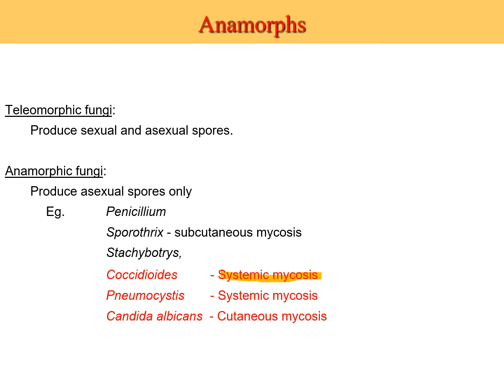Pneumocystis is the genus of an organism that also causes a systemic mycosis. It is the kind of thing that you typically find in someone who's somewhat immunosuppressed. And then Candida albicans causes a cutaneous mycosis, candidiasis, which is a very commonly occurring fungal infection and easily treated.